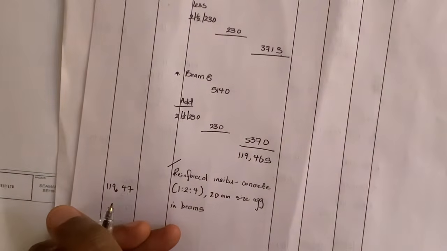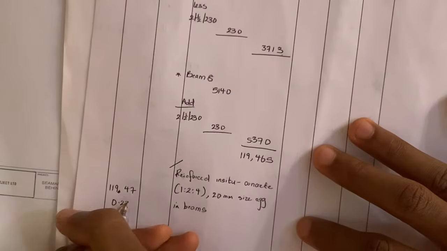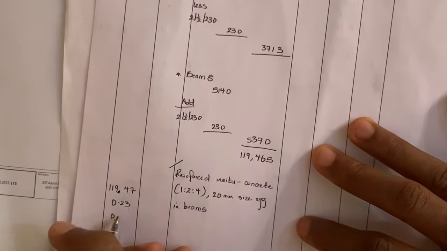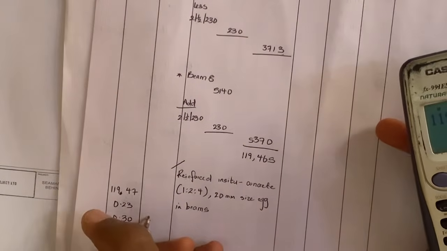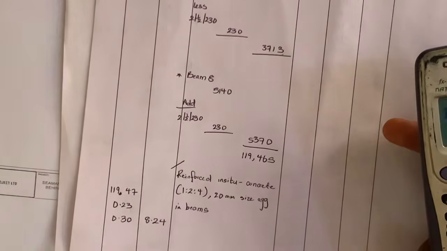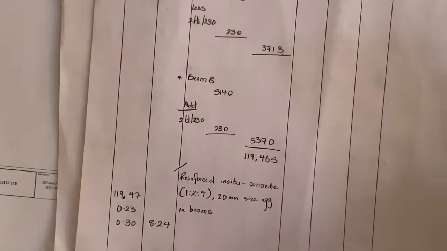Then the thickness of the beam is 230, which is 0.23, and then the width of the beam is 300, which is 0.30. So when you do the maths, you are going to be having a total of 8.24 cubic meters. So 8.24 cubic meters is the total volume of the concrete needed for our beams.